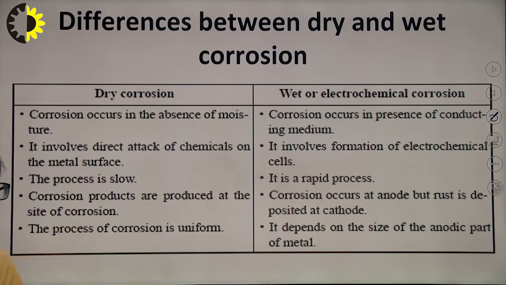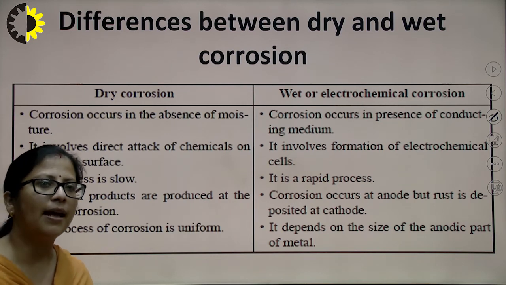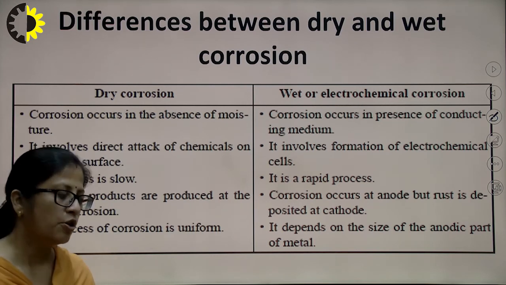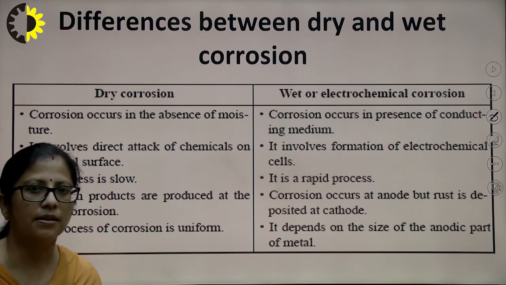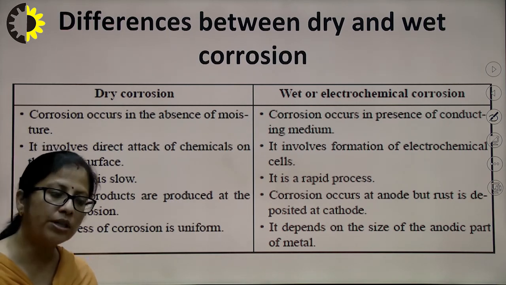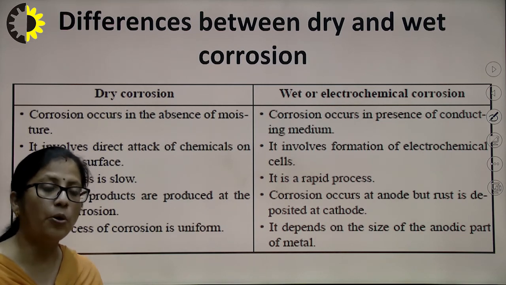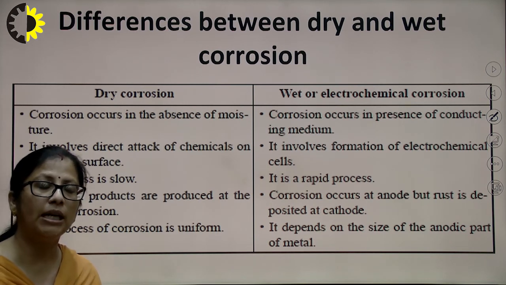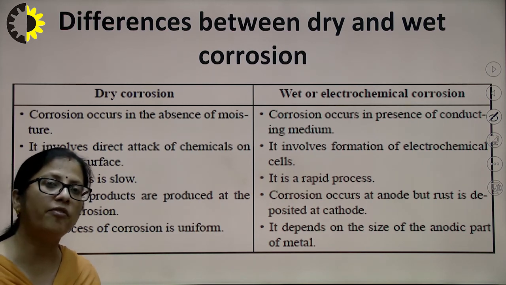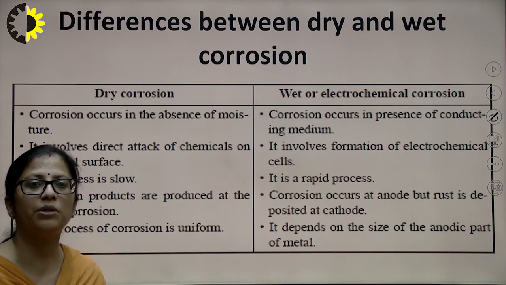If the anodic part is larger and the cathode is smaller, then the cathode requires a small number of electrons, therefore the corrosion rate will be lesser. But if the anode is smaller and the cathode is larger, then the cathode requires a large number of electrons, which are supplied by the anode, therefore fast corrosion takes place.